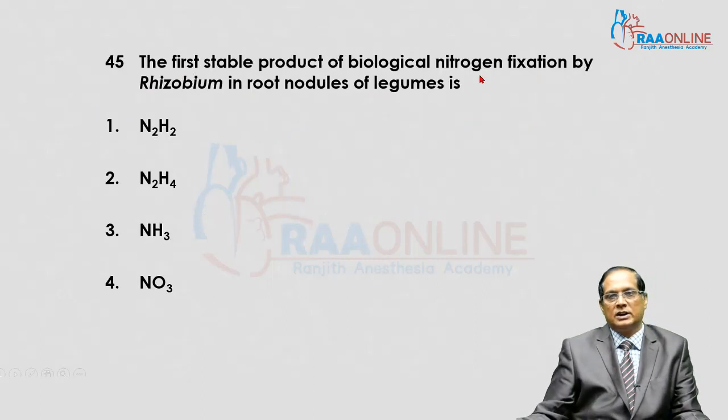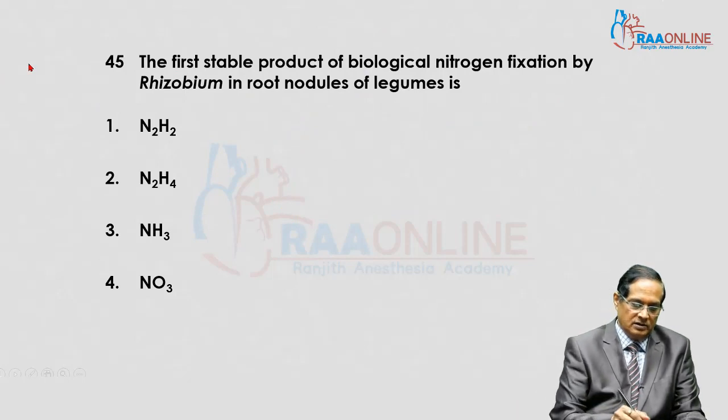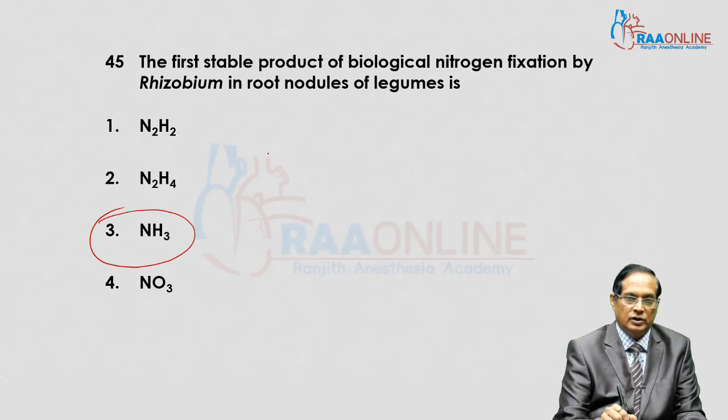First stable product of biological nitrogen fixation by Rhizobium. Simple answer, that is ammonia.